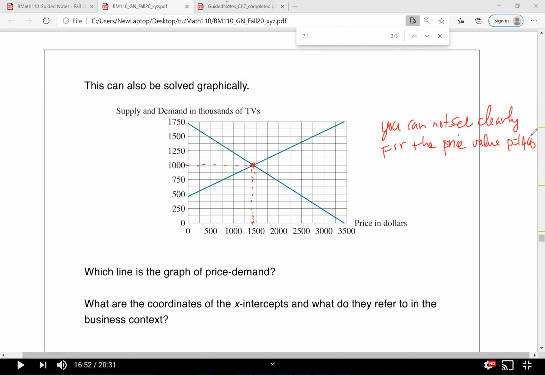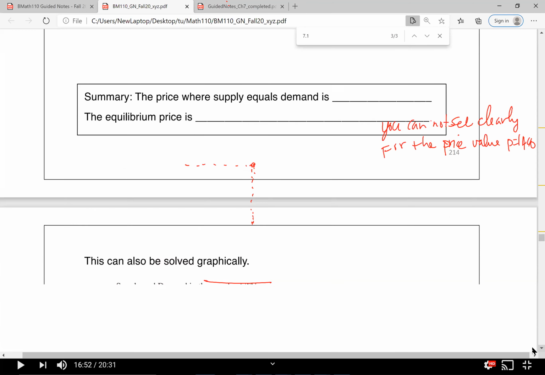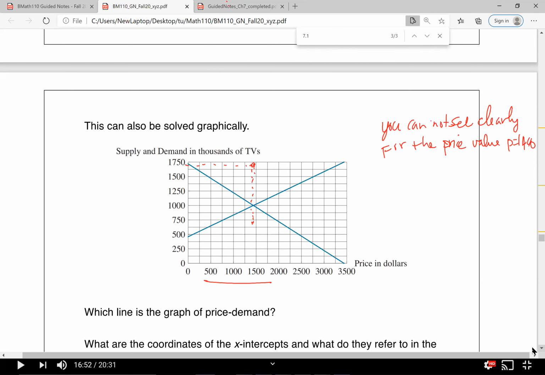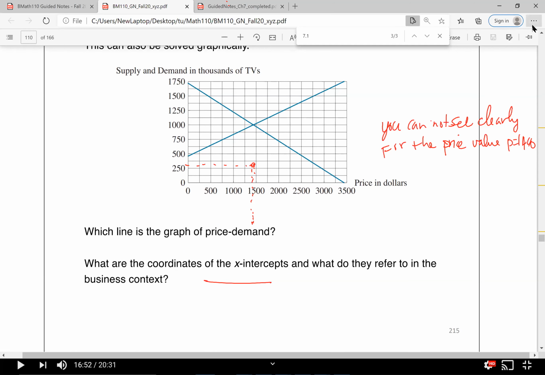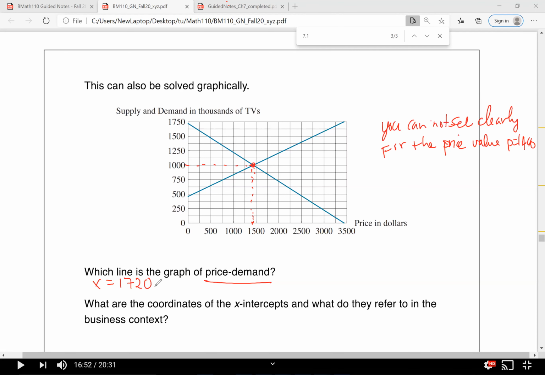And so the weak line is the graph of price demand. Okay, so let's come back to the graph of price demand. What is that going to be? The price demand equation was x equals 1720 minus 0.5 p, right?